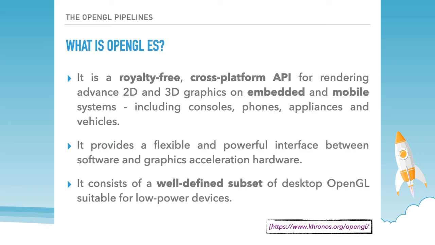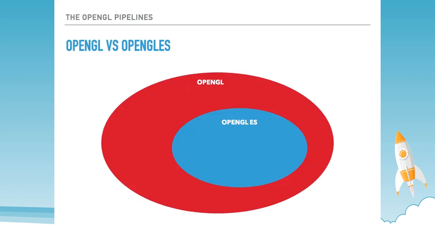It provides a very flexible and powerful interface between the software and the graphics acceleration hardware. It consists of a well-defined subset of desktop OpenGL that is suitable for low-power devices, as illustrated in this diagram. As you can see, OpenGL-ES is a subset of OpenGL.